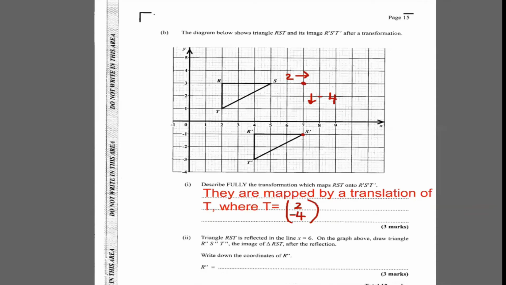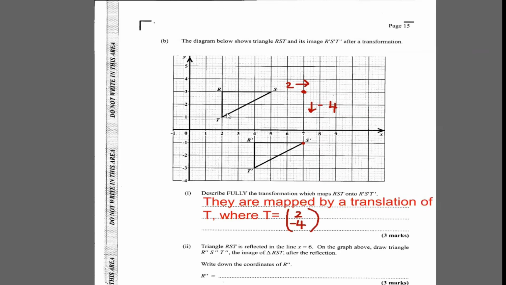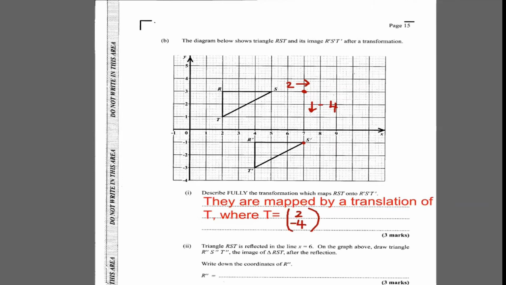Now it says triangle RST is reflected in the line x equals 6. On the graph above, draw the triangle R double prime, S double prime, T double prime, the image of triangle RST after the reflection. So let's do that. They're reflected in the line x equals 6.